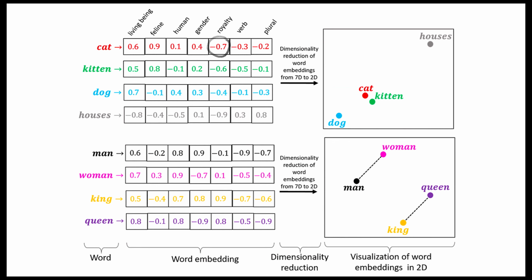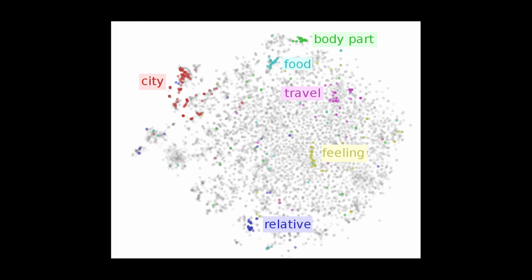But we certainly do for kings and queens, so they have positive values. And words like man aren't really for or against the aspect of royalty. And if we think about it this way, where individual elements make up the different aspects of a word, then similar meaning words should be close together in the higher dimensional vector space.